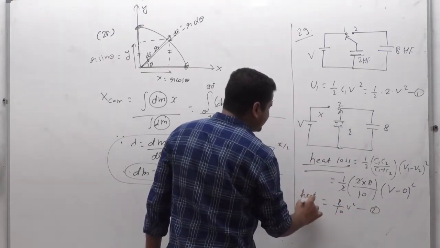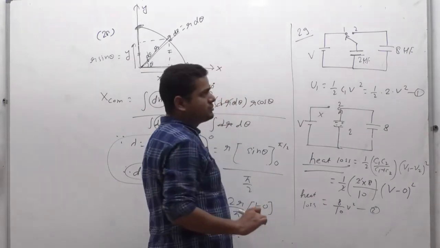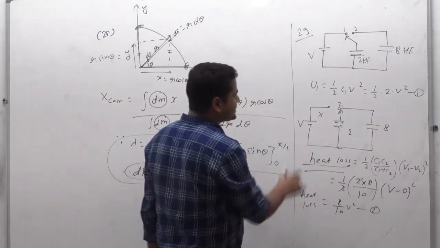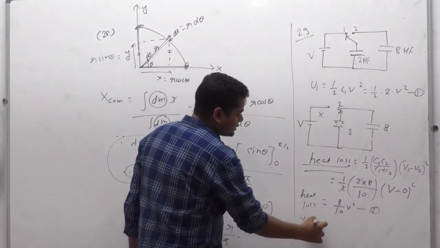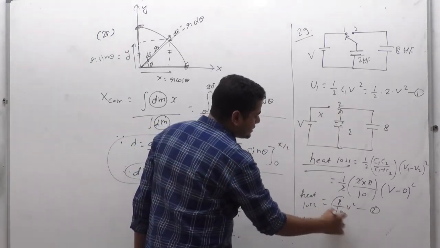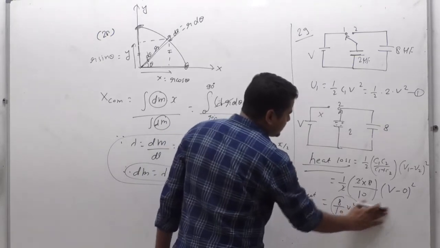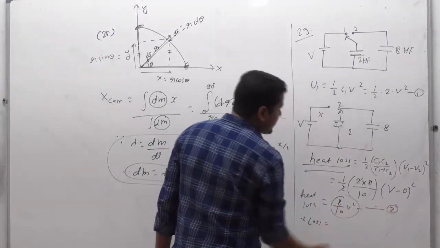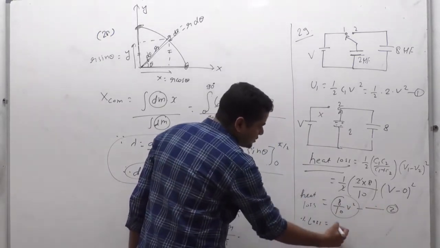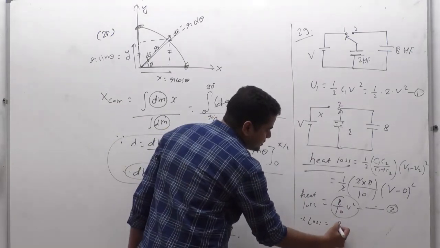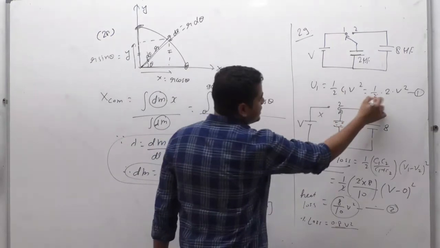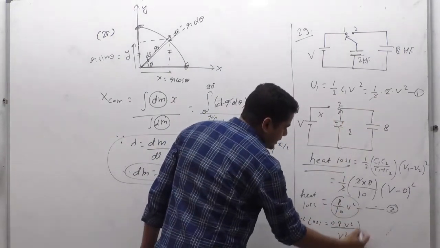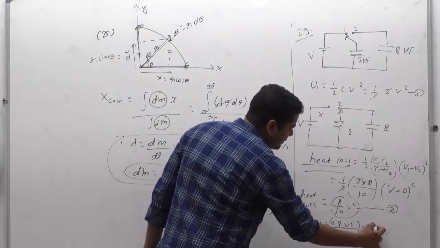They have asked you to find the percentage. For percentage, what we have to do? Heat loss upon initial energy into 100. So percentage loss equal to heat loss, which is 0.8 V square, upon the initial value, V square, and for percentage you have to multiply by 100.